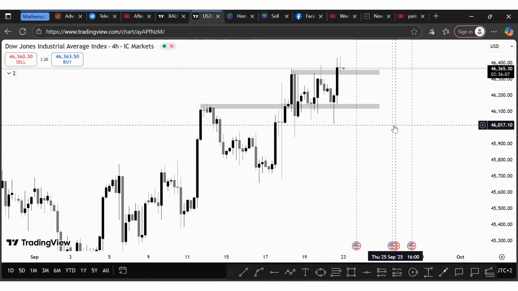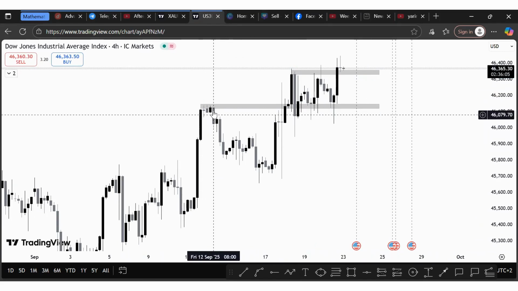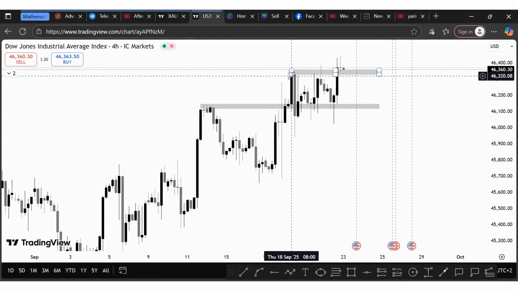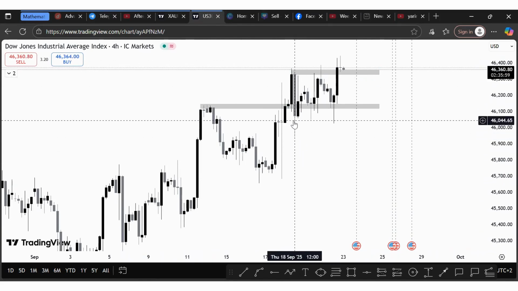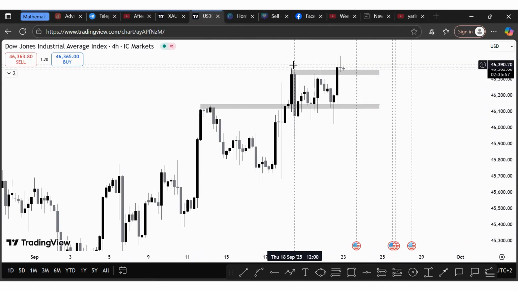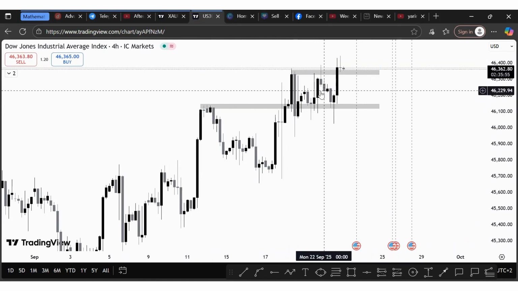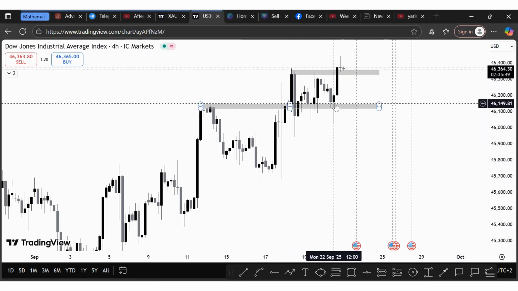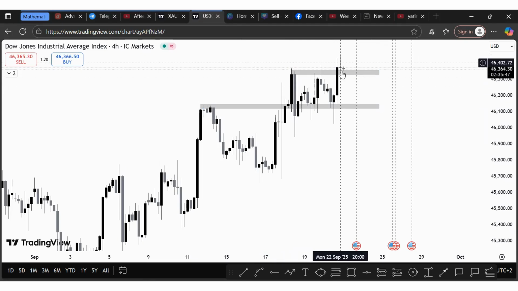We had this high, the market corrected back to these lows, broke out, gave us an indication, then started some kind of correction, and from this area it pushed back up to these areas.